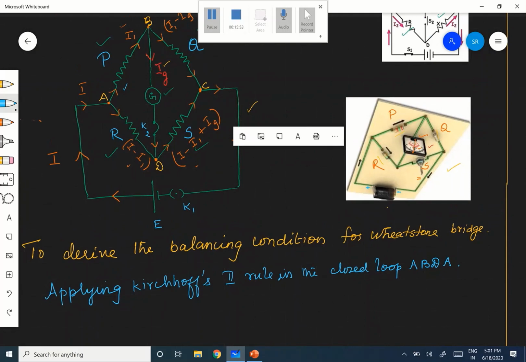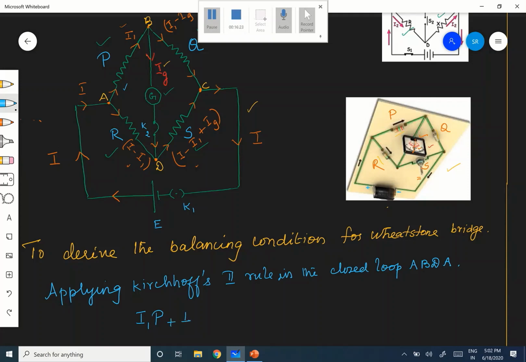You know that the clockwise current is positive. The current in AB is clockwise, therefore I1 P is positive. Then the current through BD is also clockwise, therefore that is also positive.